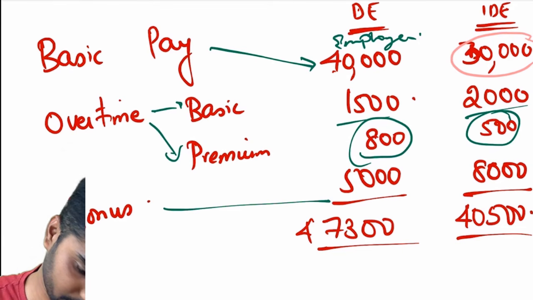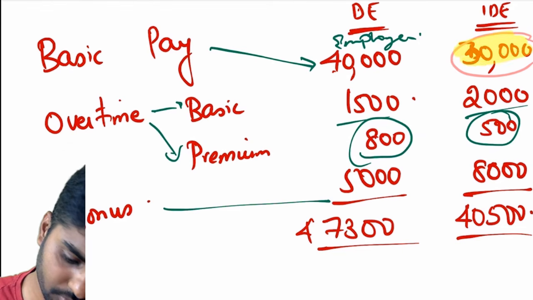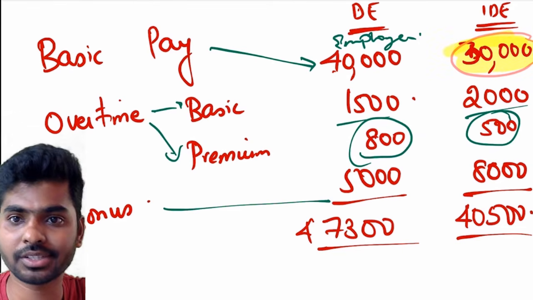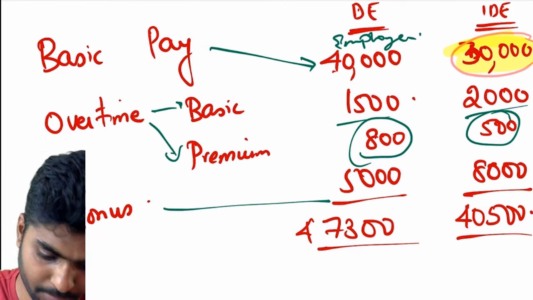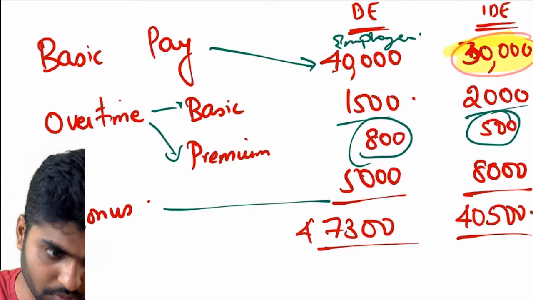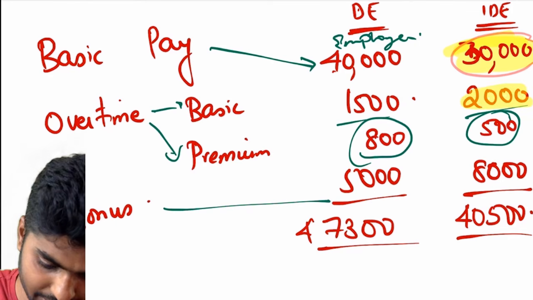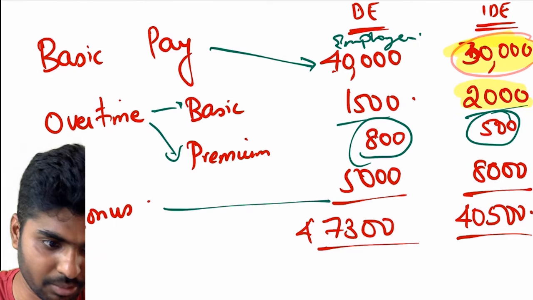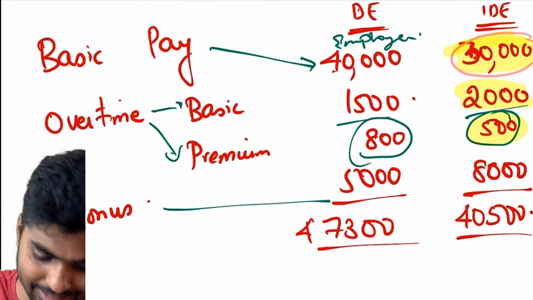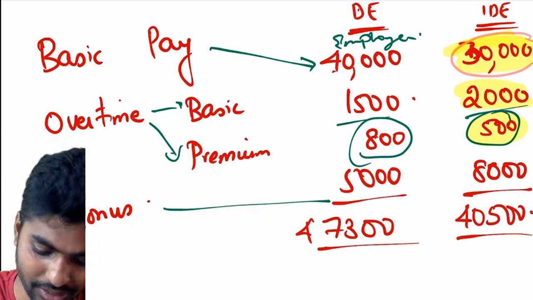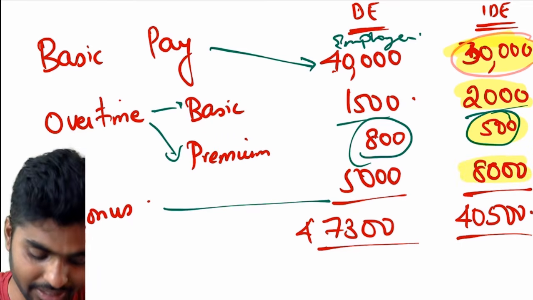This is an indirect cost straight away. Then this is an indirect cost straight away. I don't have any problem. This is an indirect cost also. I don't have to worry about it. This is also an indirect.